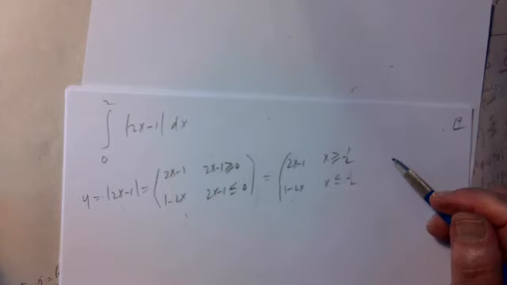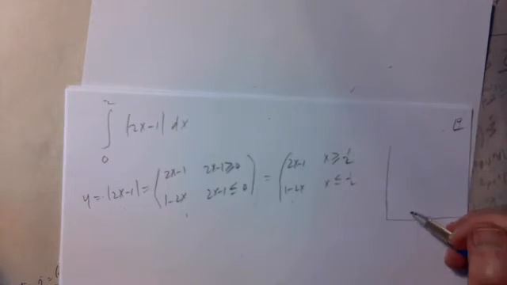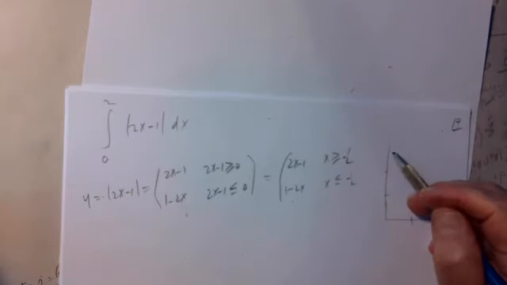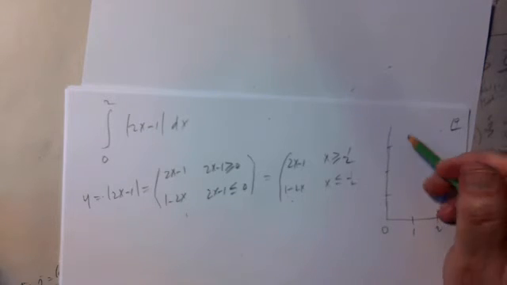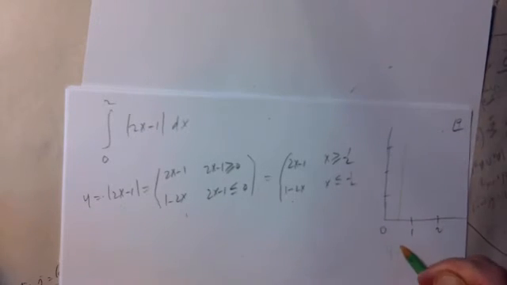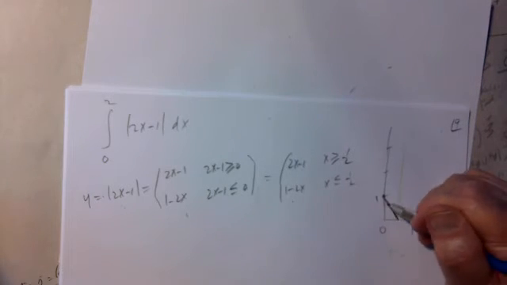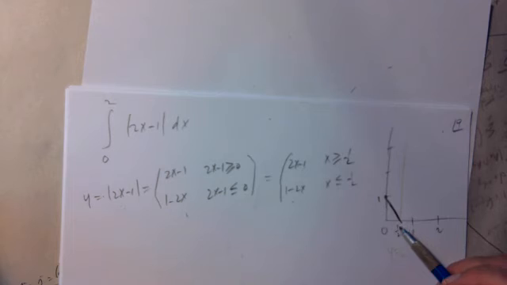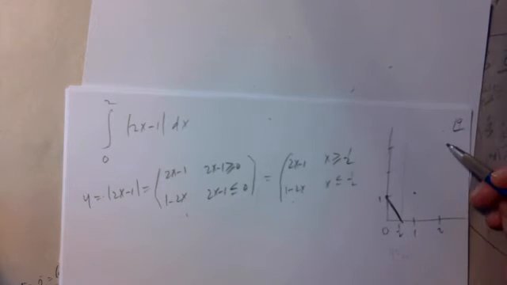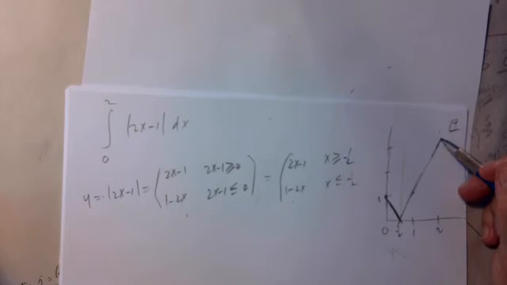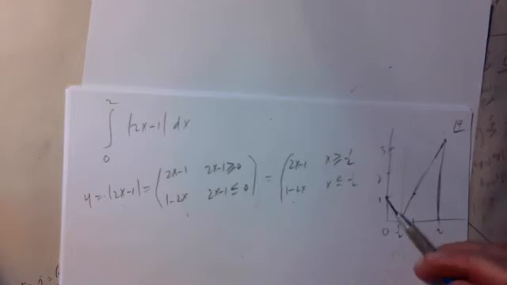So if you look at the graph of this function, here's the vertical line, y equal to a half. This is 1 minus 2x for x less than or equal to half, and 2x minus 1 for x greater than or equal to a half.